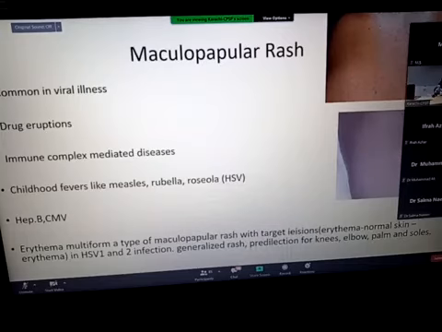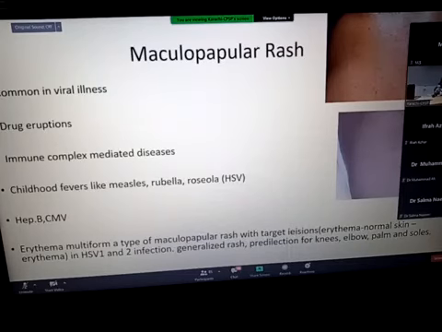So in between the two erythematous zones, there is a normal skin zone, and it resembles a target, the target which you use to play and shoot arrows. So that is why it is called a target lesion. It can occur in herpes simplex virus 1 and 2 infections. There may be a generalized rash. It can affect the knees, the elbows, the palms, and the soles.